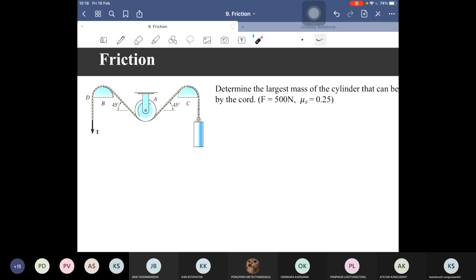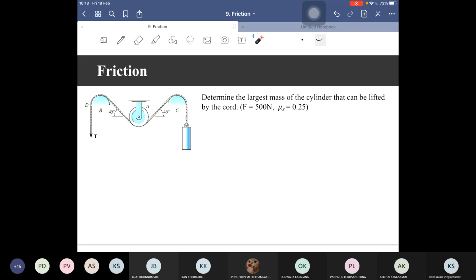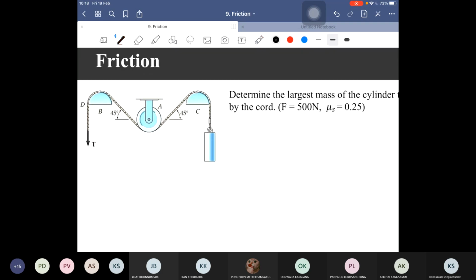Okay, so first you have to write the free body diagram. For this system, we all know that the tension force is equal along the line, right? But we can skip the system in the middle because it is a pulley, so there is no friction here.